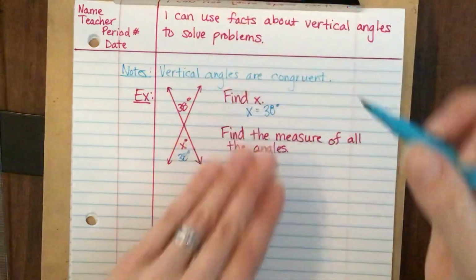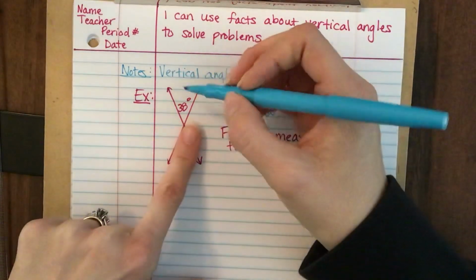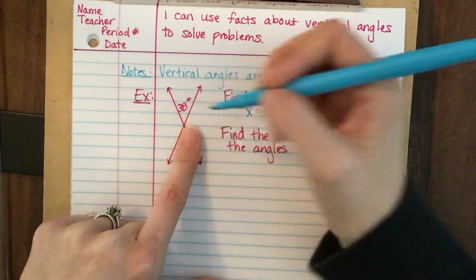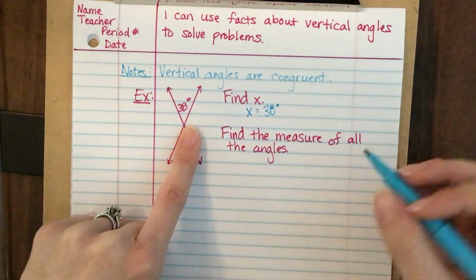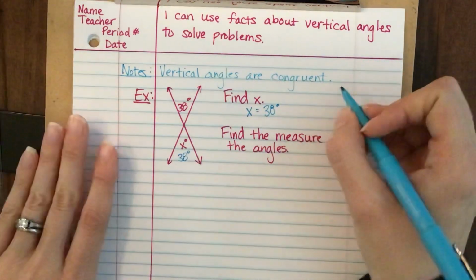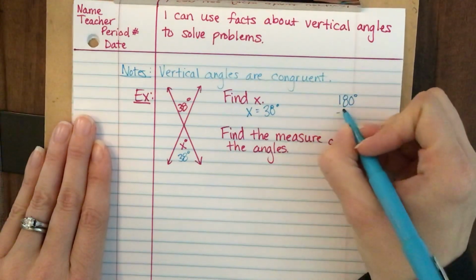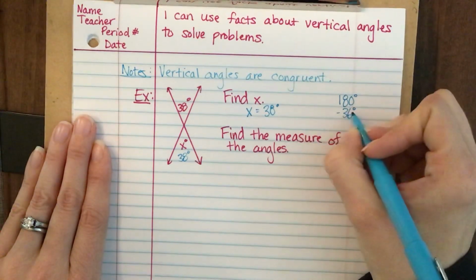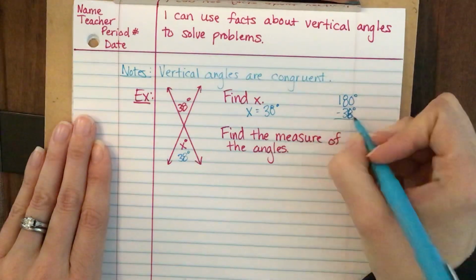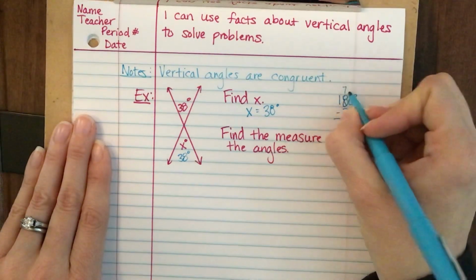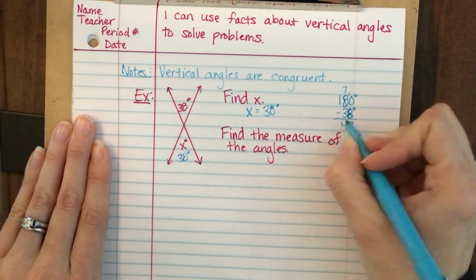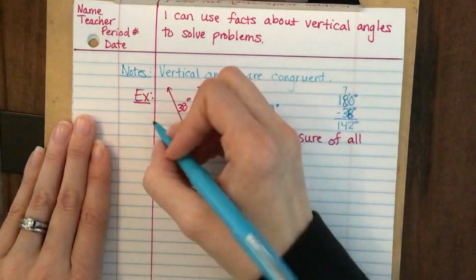So all I'm going to do now is say 180 degrees minus 38 degrees. Do a little scratch work over here. 180 degrees minus 38 degrees is equal to 142 degrees.